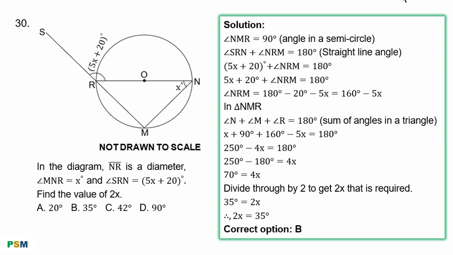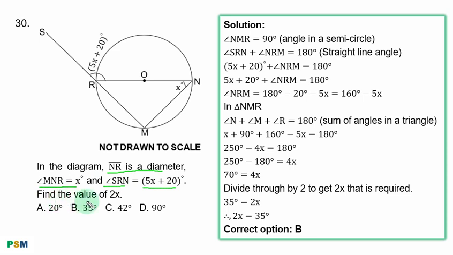Question 30. In the diagram, N arrow is a diameter. Angle MN arrow is equal to S degrees, and angle S arrow N equal to 5S plus 20 degrees.